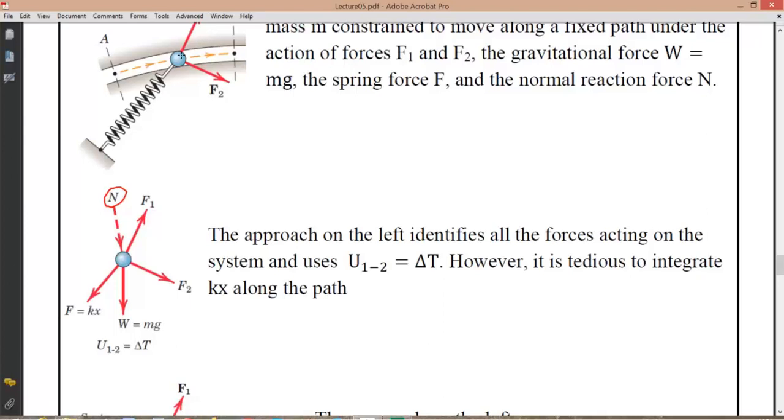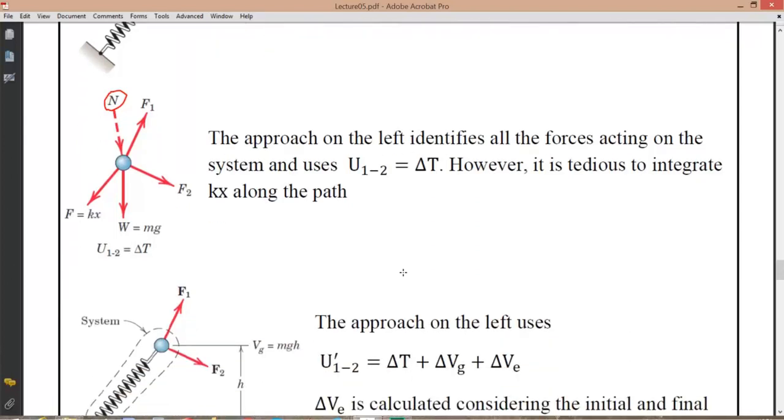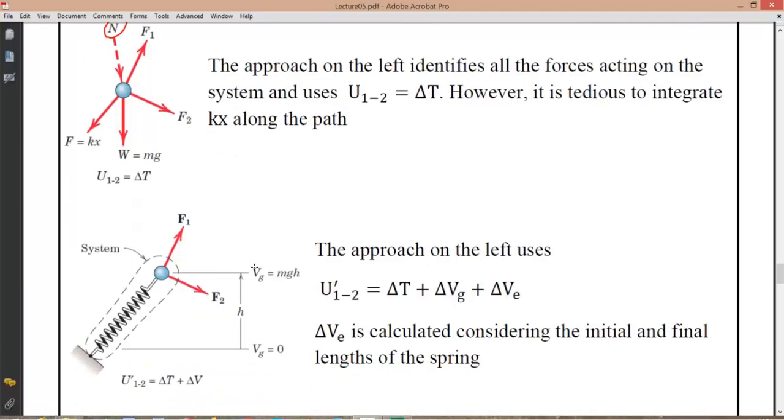But in any case, we have this force applied by the spring to the particle, and the direction of this force is changing continuously throughout the path, and then we need to find the projection of this force onto the path to calculate the total work done by this force, and it will be a tedious process. Instead of that, what we can do is use the initial condition and final condition.